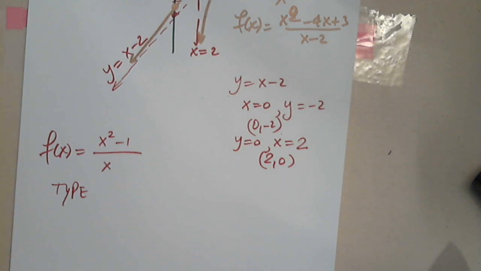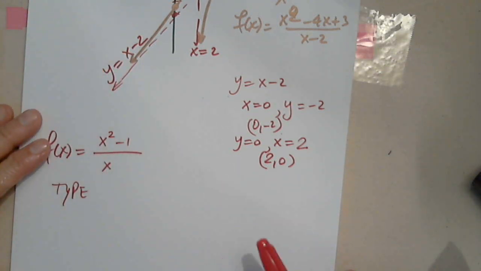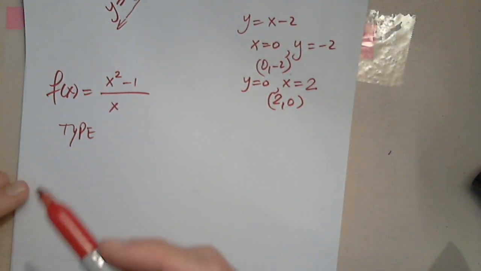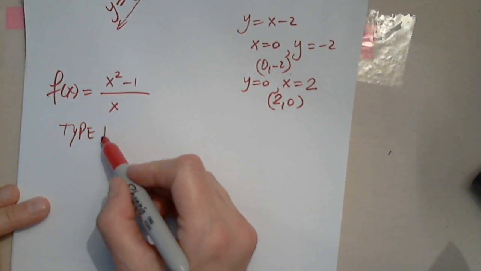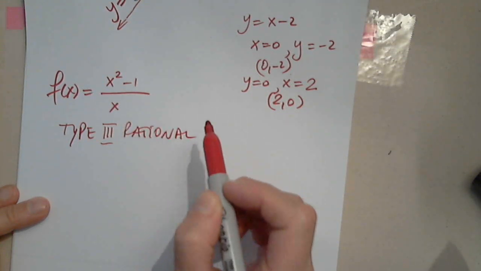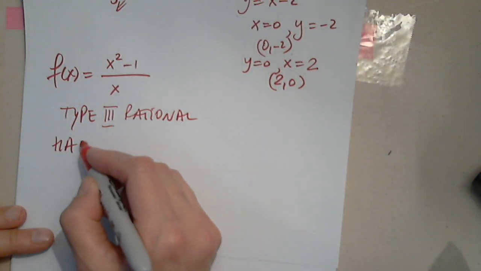Okay, so can anyone tell me what is the type? This is what you would expect to see on the test. So what type of function is this? It is type 3. It's a rational function.